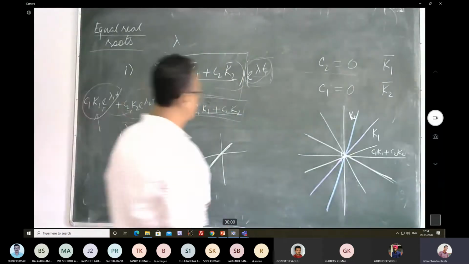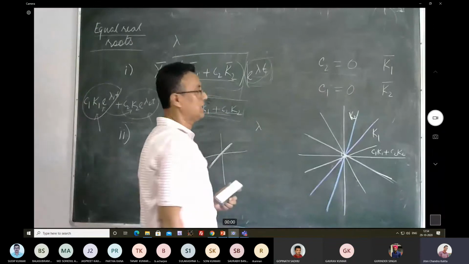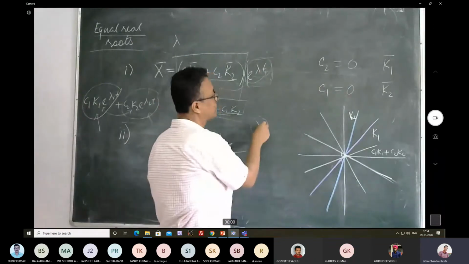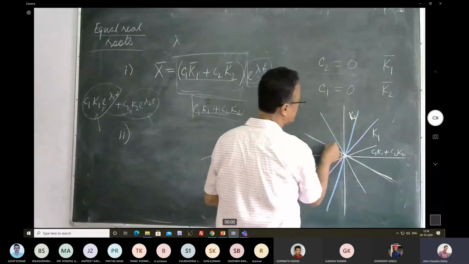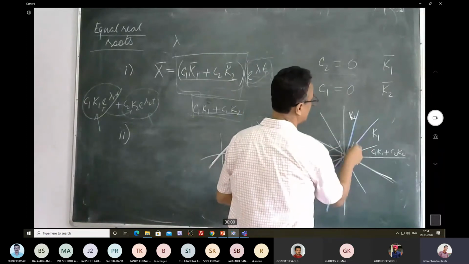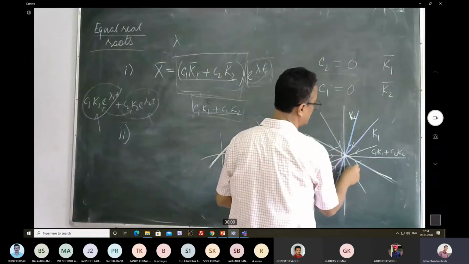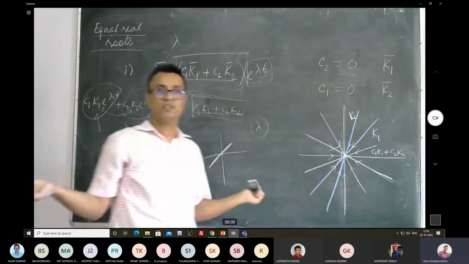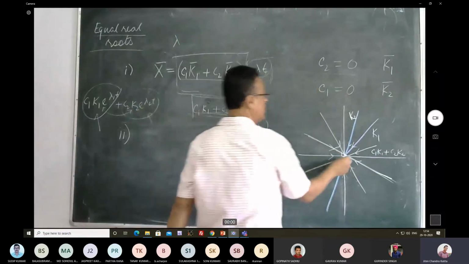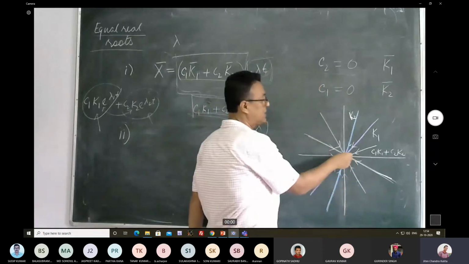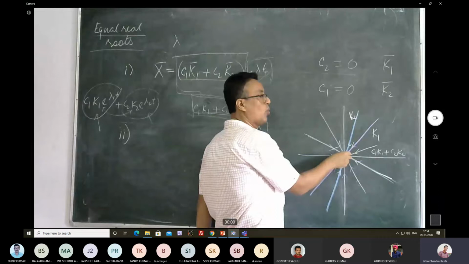Now, I didn't tell you the sign of lambda. Depending upon the sign of lambda, if lambda is negative, you are going to have converging trajectories, and if it is positive, you are going to get diverging trajectories. When everything is converging towards a point, this is a node.